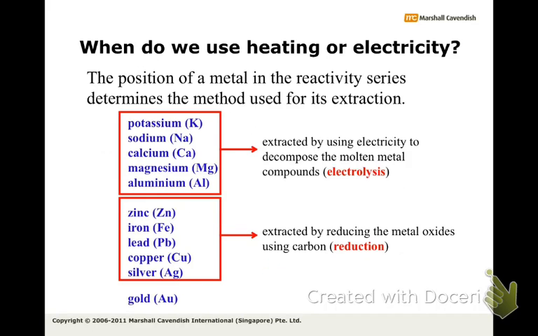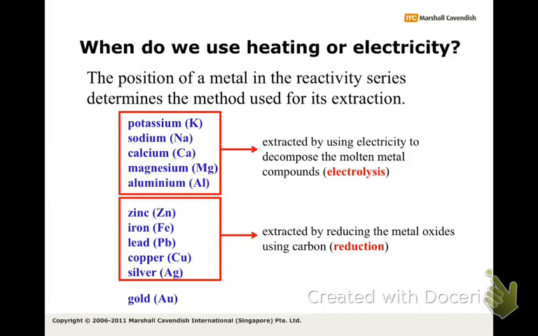Basically, up to silver, or probably up to copper itself, they can reduce the metal oxides using carbon. And that reduction using carbon process is actually your blast furnace. So later on, when you study extraction of iron, it uses the blast furnace. You can actually extract zinc, lead, copper, and silver using the exact same way.